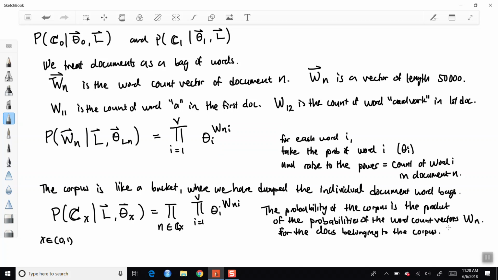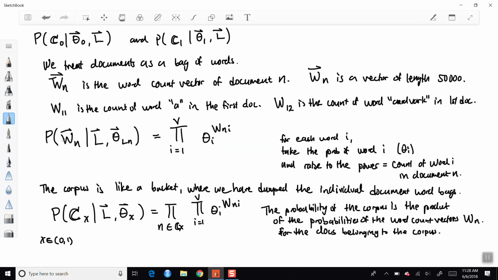Does that make sense? We calculated the probability of getting our word count vector Wn, and the corpus consists of these 10 documents, which are word count vectors now, and we basically take the product of all of those.